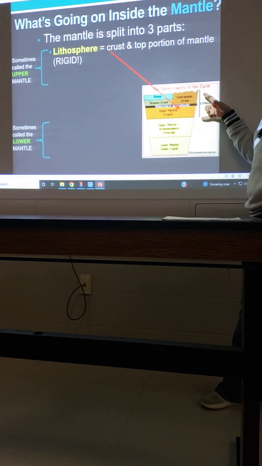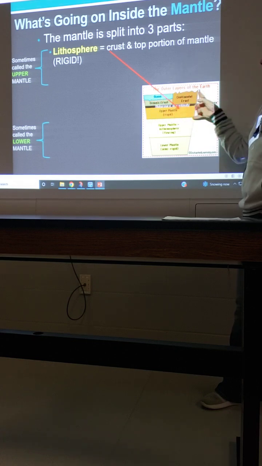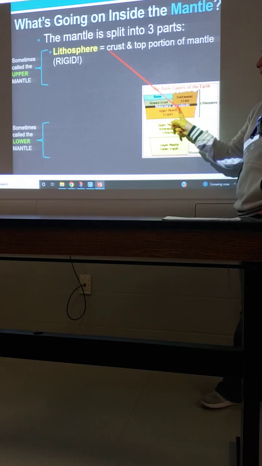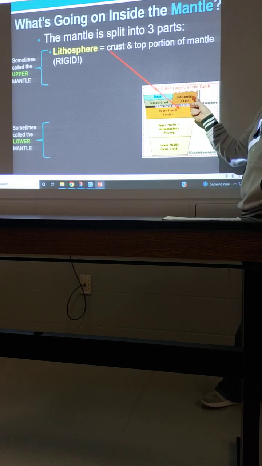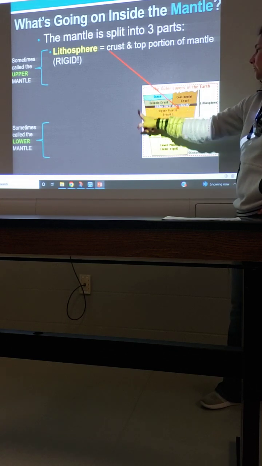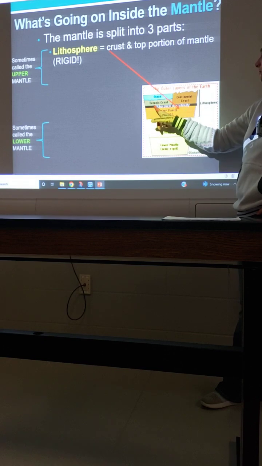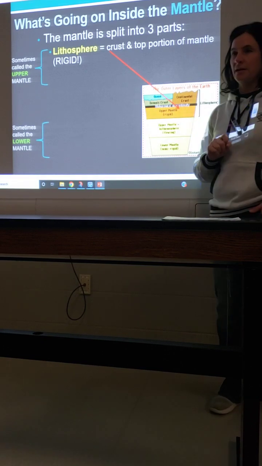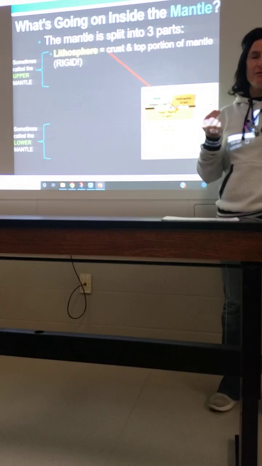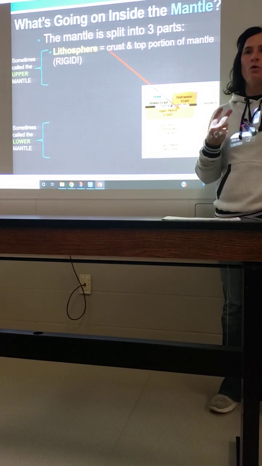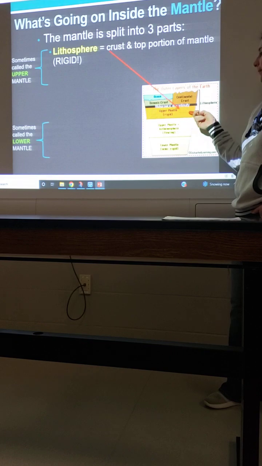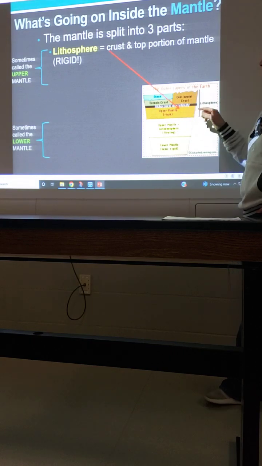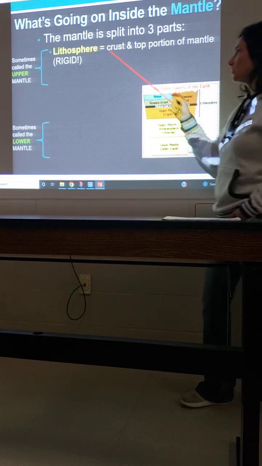So the lithosphere is going to comprise both of those. It's the very upper mantle and whatever crust is involved, whether it's continental on this side, or if you're looking at this side, oceanic crust and your upper mantle. So it's counting both of those things, and that's the only layer that's like that, okay? We know it's the upper mantle, but when it's included with the crust, we call it the lithosphere.